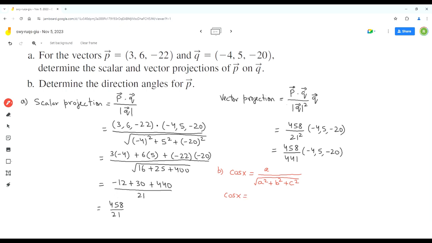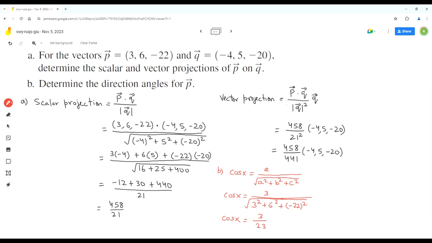So we have A in the numerator because we are finding the angle of vector P with the x-axis. Now we can sub in the values. So for vector P, A is 3, B is 6, and C is negative 22. Now we can simplify the expression in the denominator. So 3 square plus 6 square plus negative 22 square is equal to 529, and square root of 529 is equal to 23.